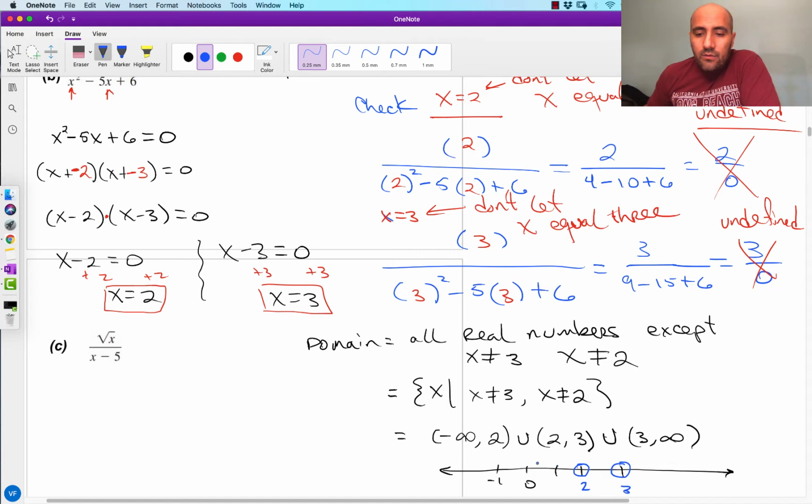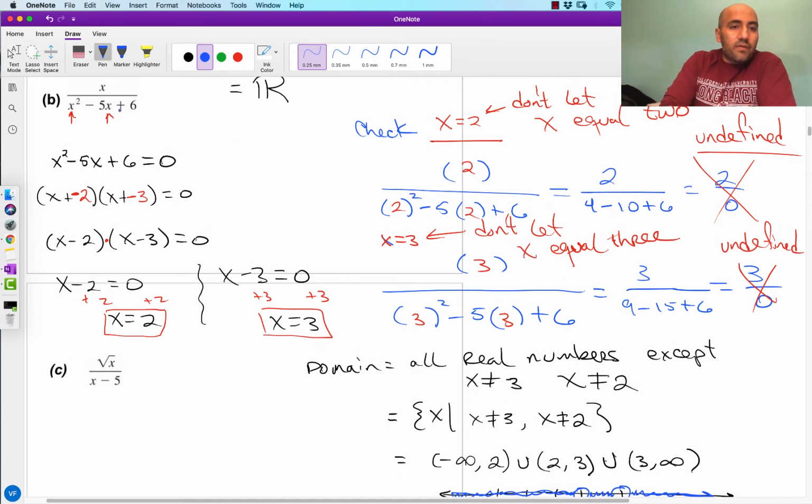And then everything else is fine. It's all real numbers going out to negative infinity. We skip the 2, and then we connect those two. Any number between 2 and 3, not including 2 and 3. And then all real numbers going out to positive infinity. We can graph it this way as well. Right? So any way we slice it, that's the domain of this rational expression.